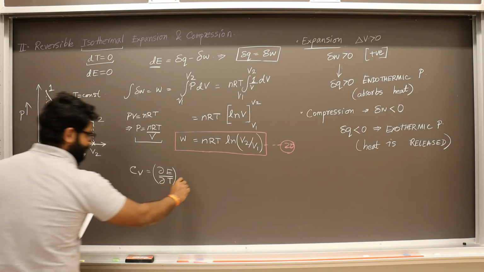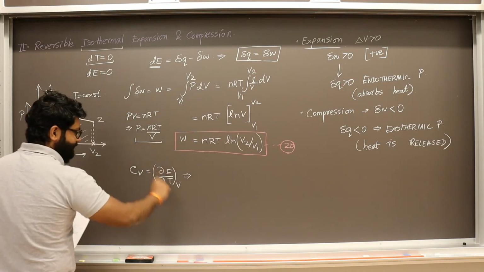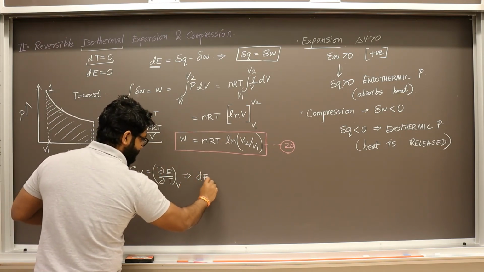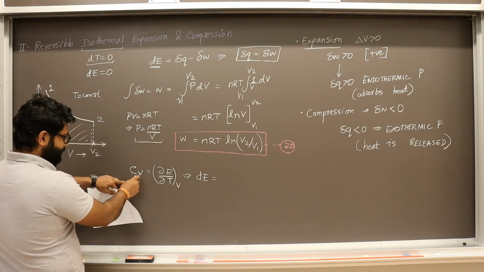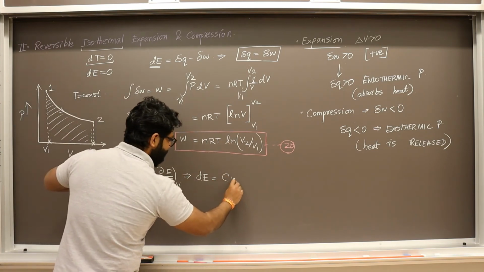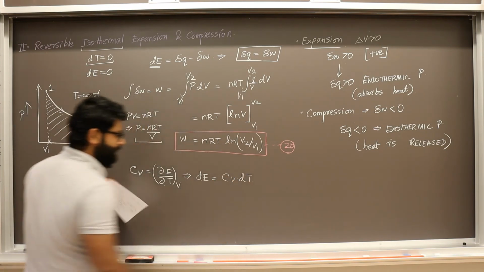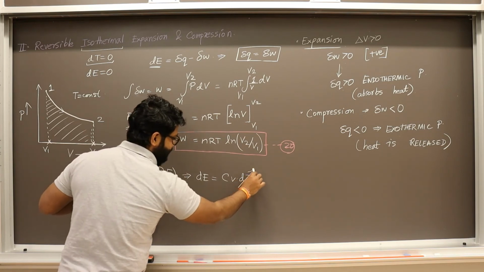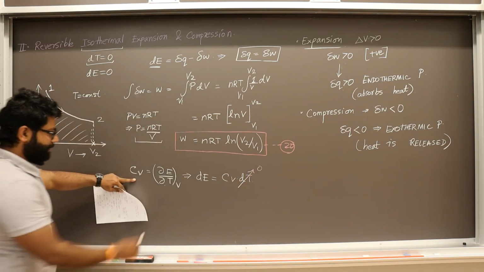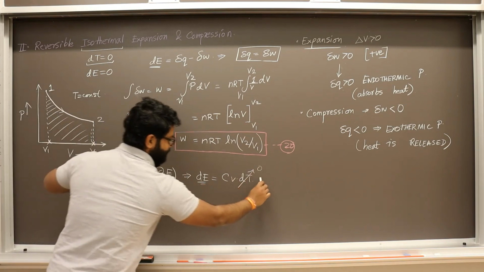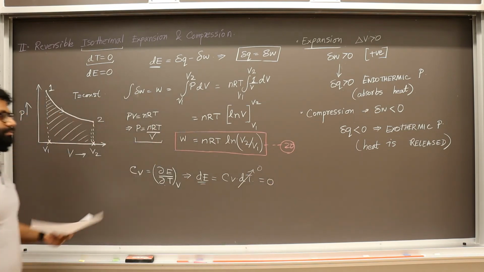Now you can find dE by getting this dT to the other side, so dE equals CV dT. Since dT becomes 0, dE becomes 0.